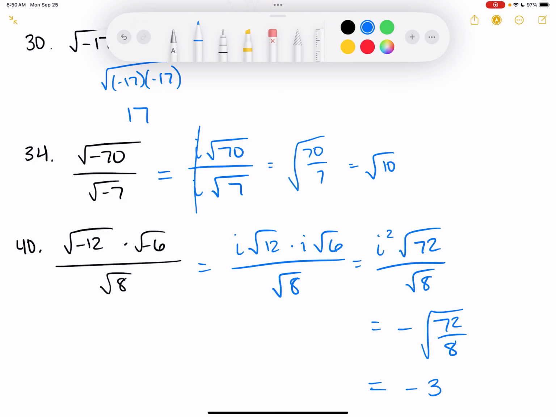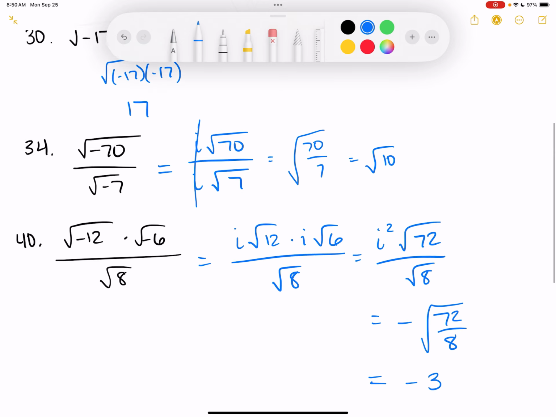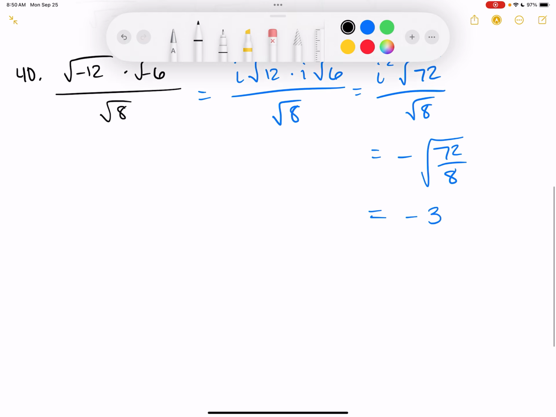All right, write each number in standard form, a plus bi. So 42, negative 9 minus the square root of negative 18 over 3. We want our final answer in a plus, and it can be minus, bi.